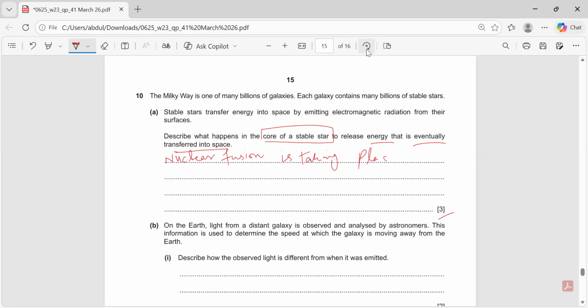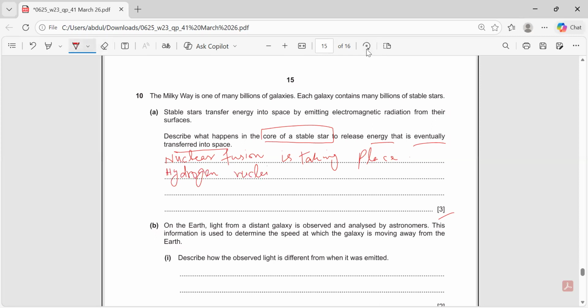fusion is taking place. What is happening in nuclear fusion? Hydrogen nuclei fuse.